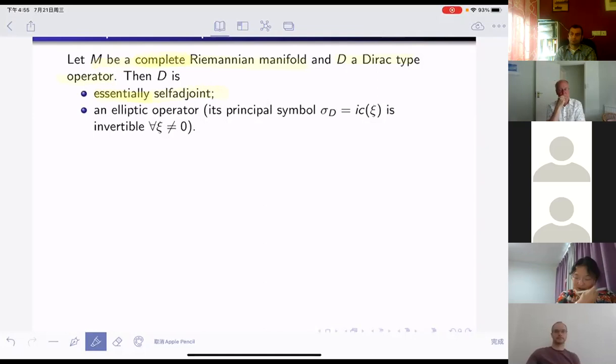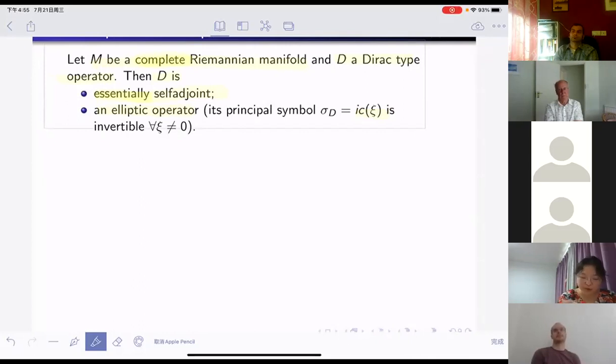Another condition implied by being a Dirac operator is that it is an elliptic operator. Ellipticity is a condition saying that the principal symbol of that operator is invertible outside the zero section. The principal symbol is defined by freezing the coefficients of the differential operator and taking the Fourier transform of the partial derivatives.